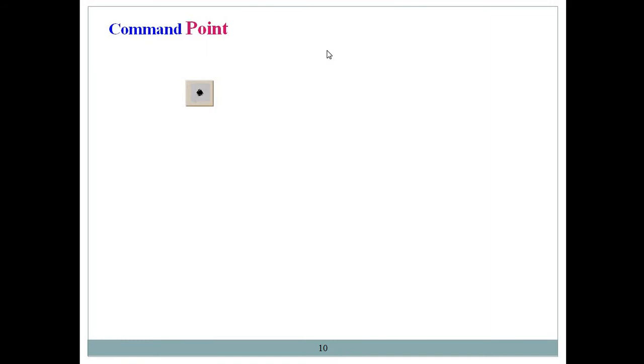Then the first command is point. This is the symbol of a point, that is a dot. Using the command window, the command is POINT, with the alias PO. This is the command for point in AutoCAD, and this is the icon or symbol of the point.